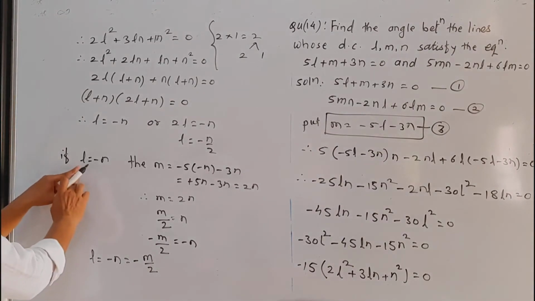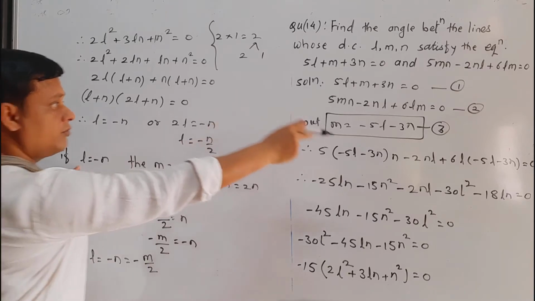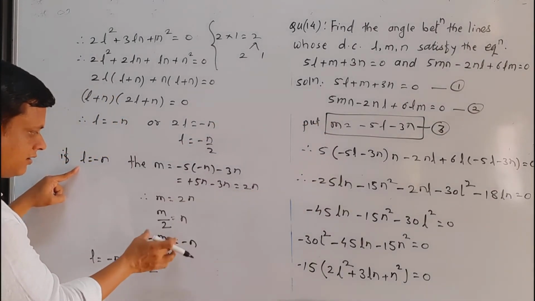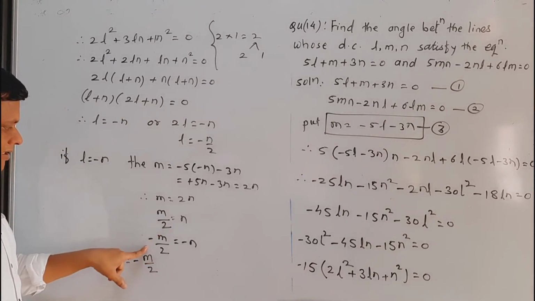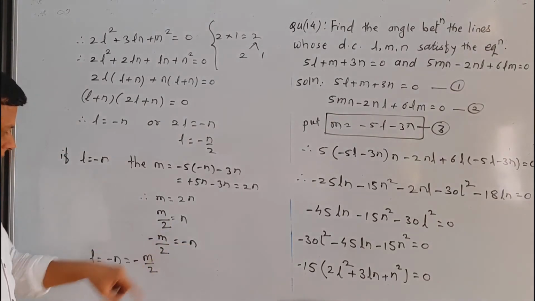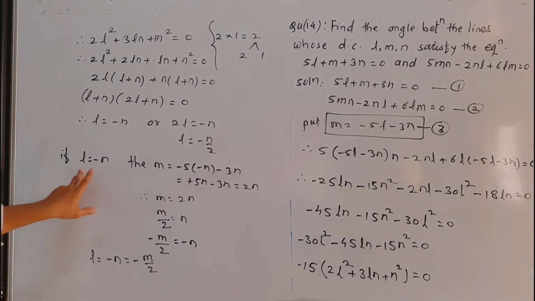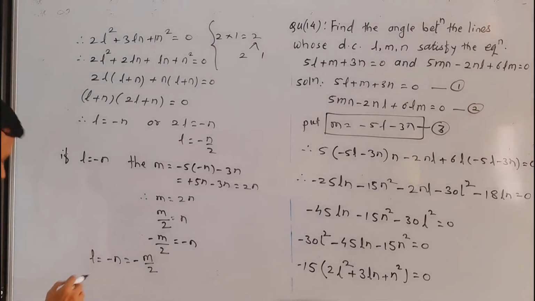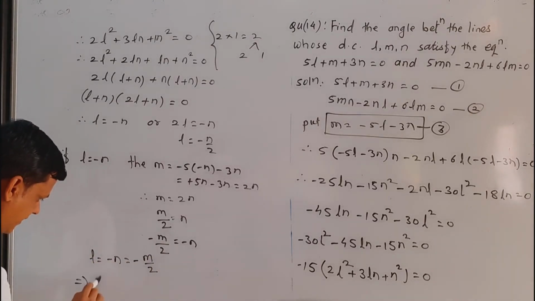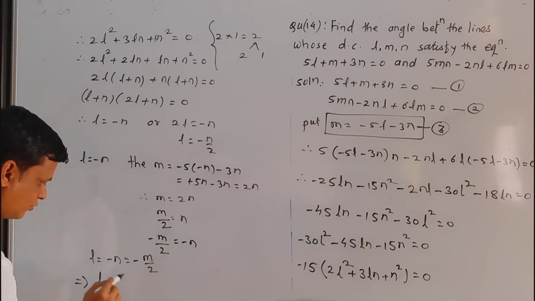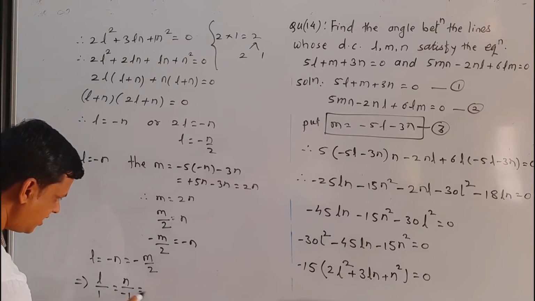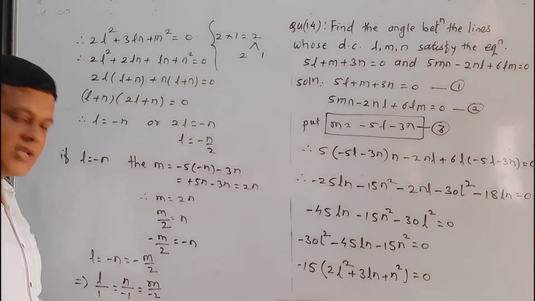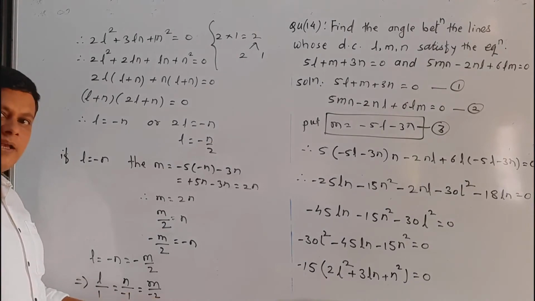Multiplying both sides by minus sign, we get minus N equals to minus M by 2. So this L equals to minus N, and this minus N equals to minus M by 2. So from this we write L by 1 is equals to N upon minus 1 is equals to M upon minus 2. So the direction ratios are 1, minus 1, minus 2.